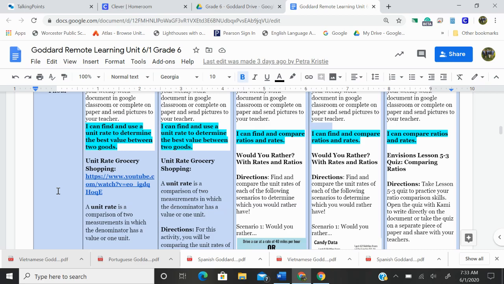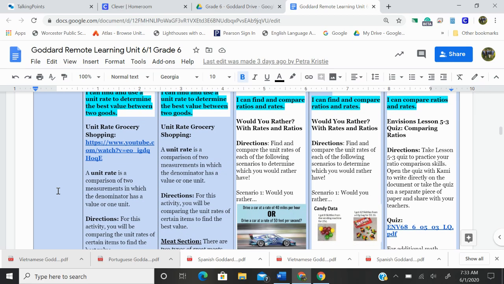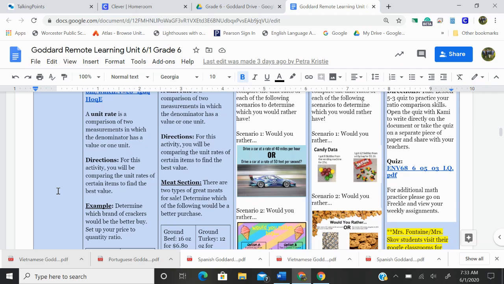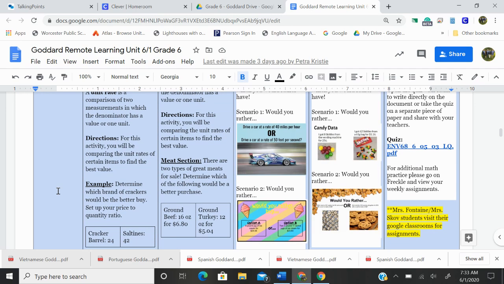A unit rate is a comparison of two measurements in which the denominator has a value of 1 unit. Directions: for this activity, you will be comparing the unit rates of certain items to find the best value. Here's an example. Determine which brand of crackers would be the better buy.